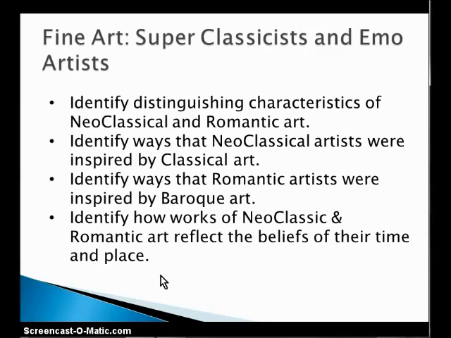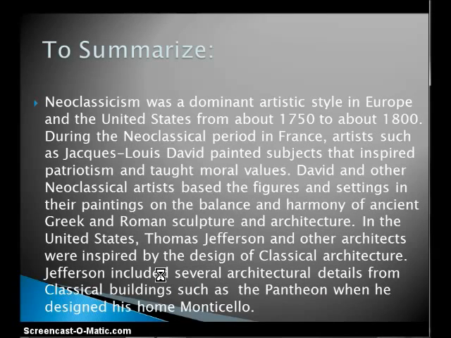So we're going to look at how neoclassical artists were directly inspired by classical art, and how romantic artists were directly inspired by Baroque art. To summarize, neoclassicism was a dominant style in Europe and in the United States for about 50 years.